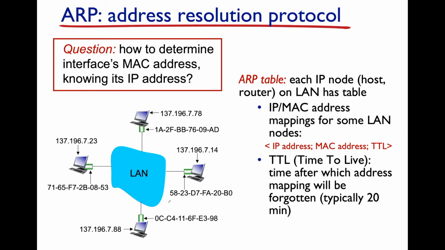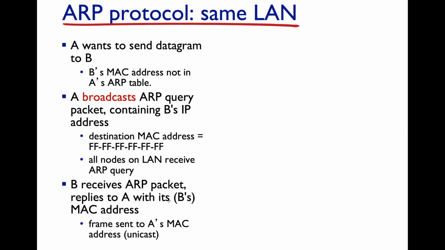All right. So now, let's say some host A wants to send a datagram to another host B. B's MAC address is not known. There's no entry in host A's ARP table. So what does A do? It sends a broadcast. When you send a broadcast on a local area network, it has a special MAC address.